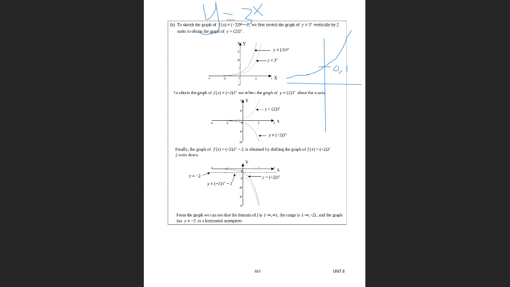So we can use the original function, which is y equals 3 exponent x, to translate to get other graphs.